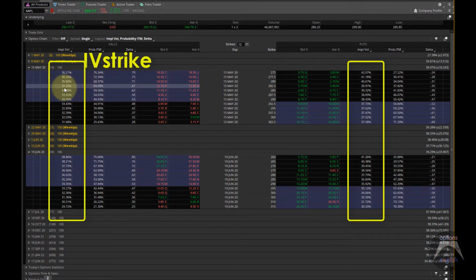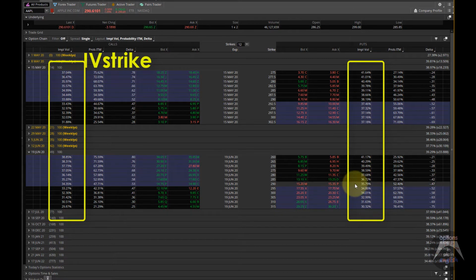The call has an implied volatility of 35, and then 34, and then the 290, which is close to at the money, 33. A different month has a whole group of different options, and those options have different implied volatilities from each other and from the previous expiration that we were looking at.